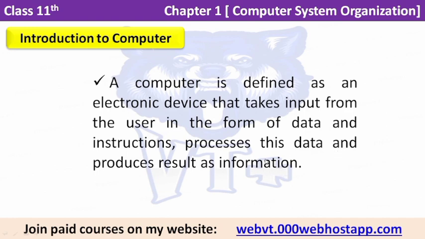In other words, you can say that a computer is an electronic device that accepts a set of instructions in the form of a program, executes it, and displays the output to the user. Now we can understand this definition more clearly with the help of one example.